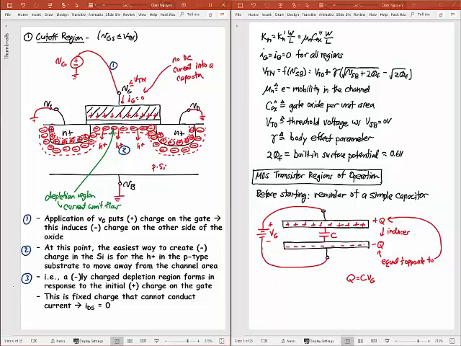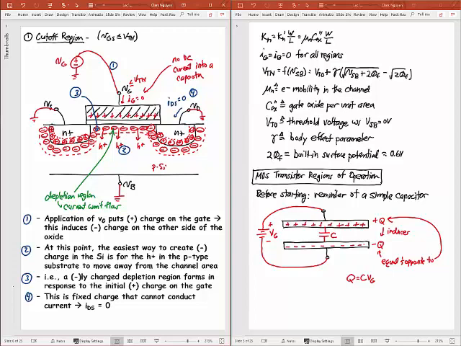And then four, right, this is fixed charge that cannot conduct a current. I guess the four I'm going to do like this. IDS is going to be 0 because of four. Okay? And so that's what's happening in the cutoff region for this MOS transistor.